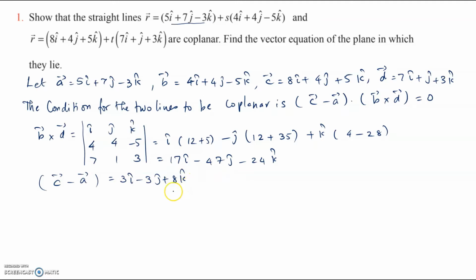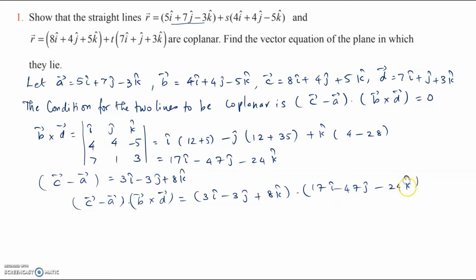Right. So now our condition, which is c minus a vector dot product with b cross product with d, is equal to, so let's put the values, 3 i cap minus 3 j cap plus 8 k cap dot product with 17 i cap minus 47 j cap minus 24 k cap.